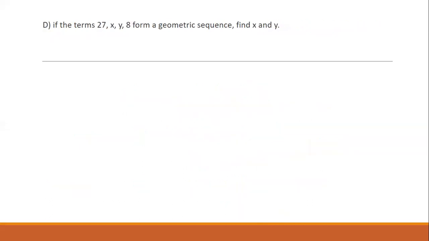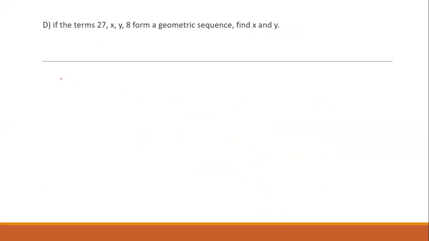And last but not least, question D. If the terms 27, x, y, and 8 form a geometric sequence, we're asked to find x and y. No problem. So a geometric sequence, they have a common ratio, right?